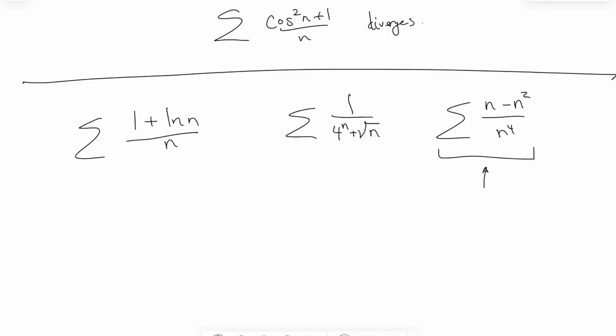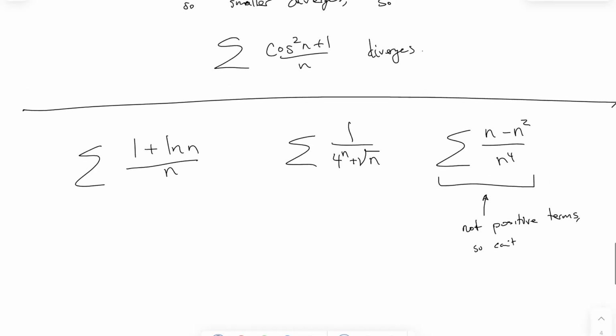If I use n equals 1, that equals 0. 0 is not positive. And if I use n equals 2, this up top says 2 minus 4, which is negative. So these terms are all negative, except the first one is 0. These are not positive terms. So we can't do the comparison test.